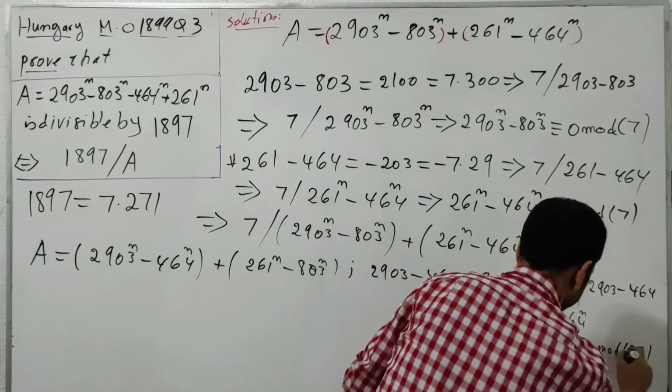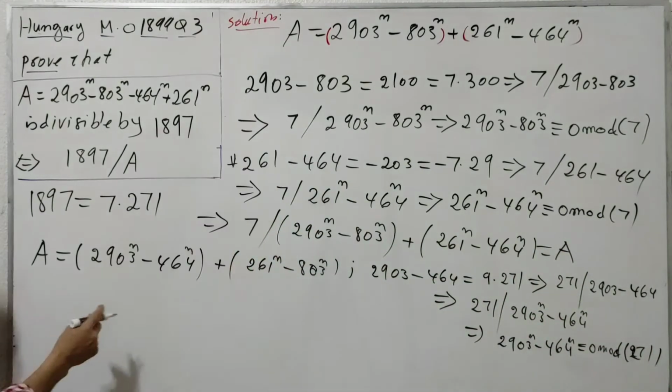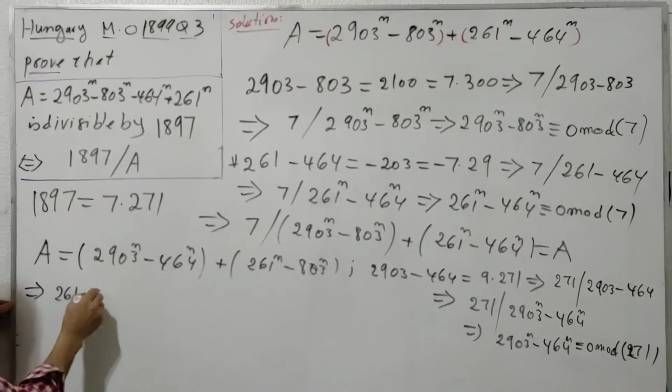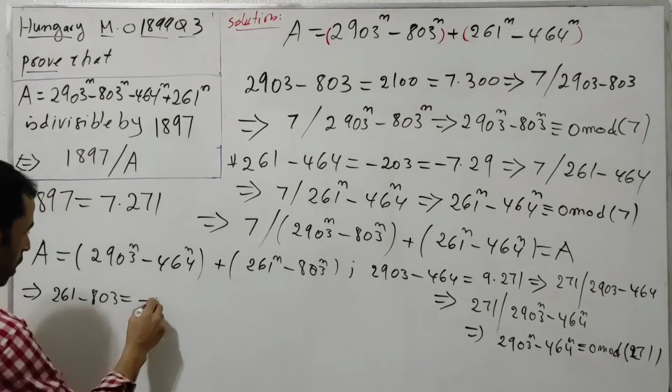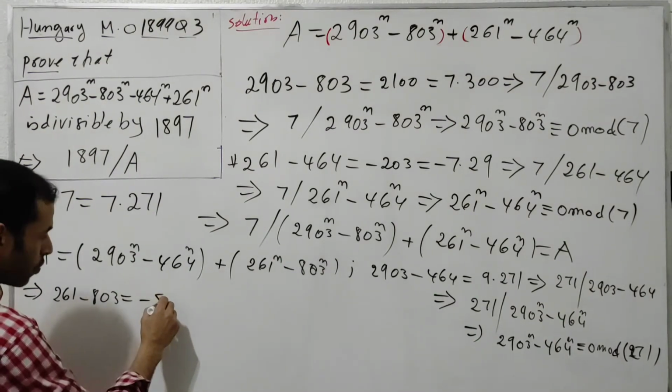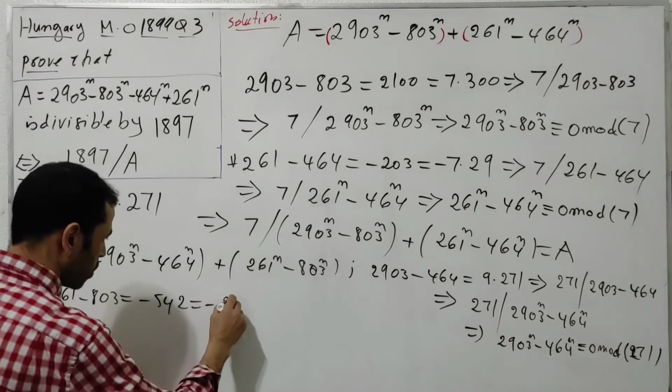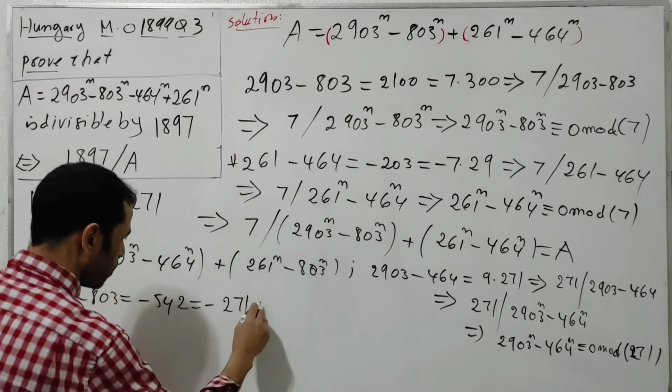271. Also, 261 minus 803 equals minus 542, which equals minus 271 multiplied by 2.